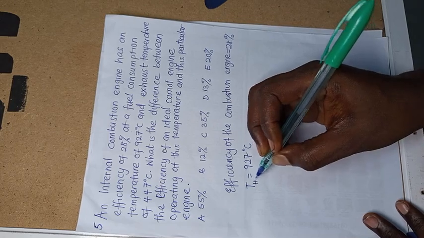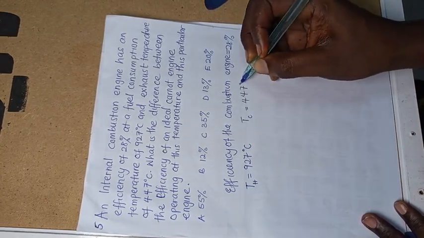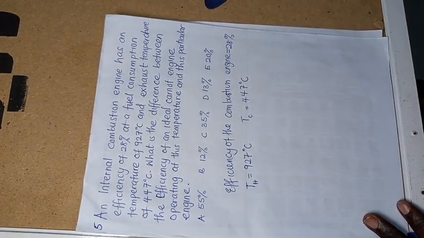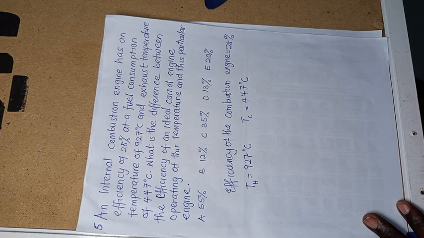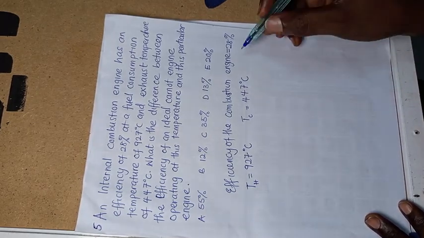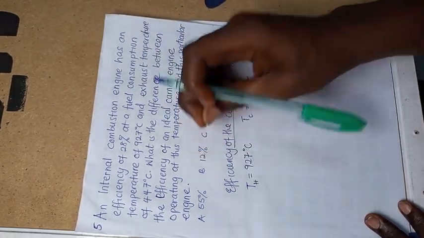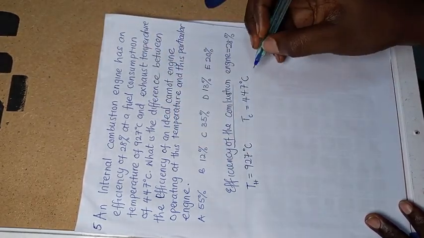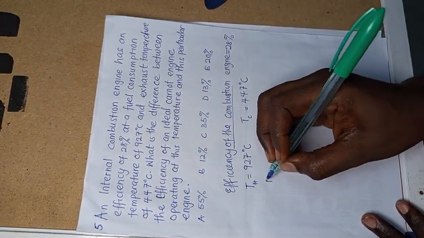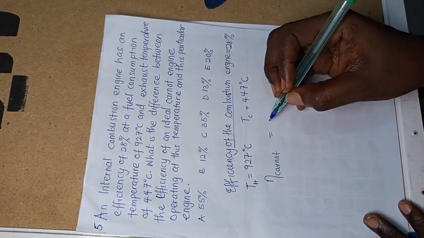So this one should be T high, the high temperature, and T low is 447 degrees Celsius. What is the difference between the efficiency of the ideal Carnot engine operating at this temperature and this particular engine? The efficiency of the Carnot engine is equal to what?